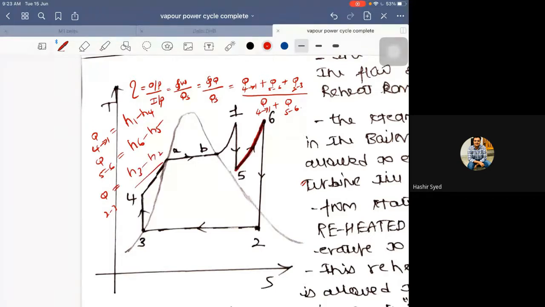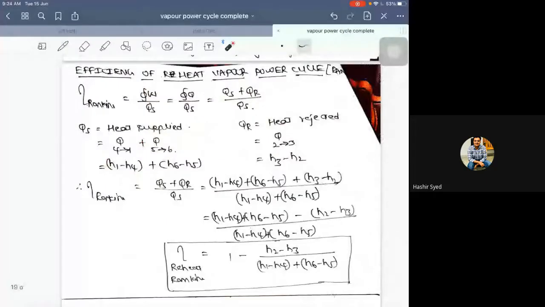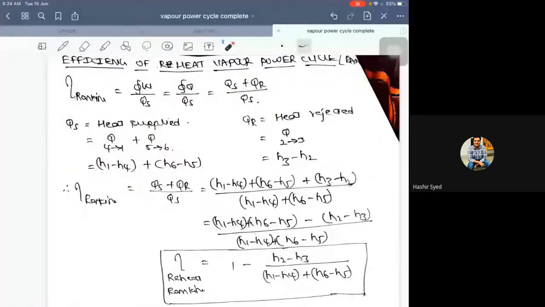If I substitute these values over here, I will get the final expression to calculate the efficiency of the Rankine cycle in the reheating condition. So the same thing he has done here. Is that clear? Any doubt here?